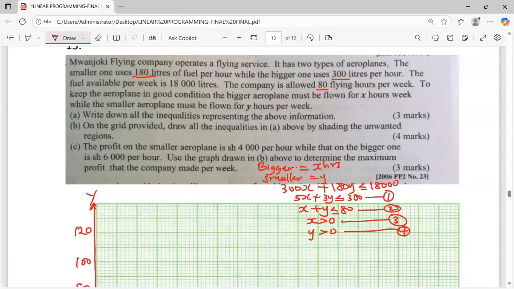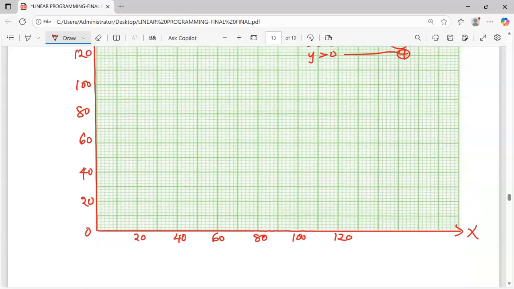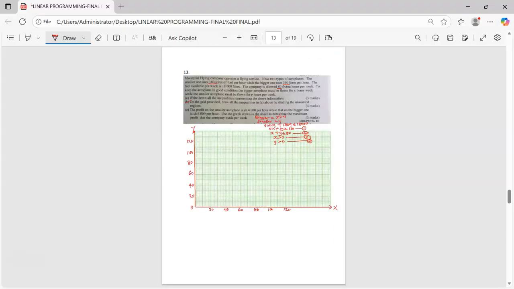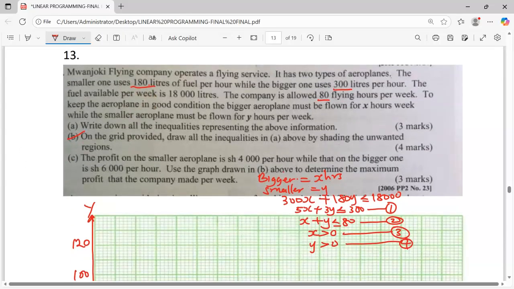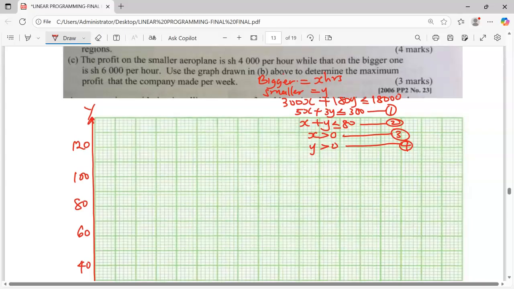Once that has been done, we can now plot the given inequalities and shade the unwanted regions. But before we do that, we are going to start by drawing the tables. For the first one, we are going to have a table having X and Y. Remember, if we say the value of X is 0, then Y is going to be 100.